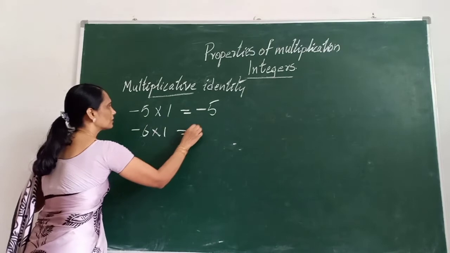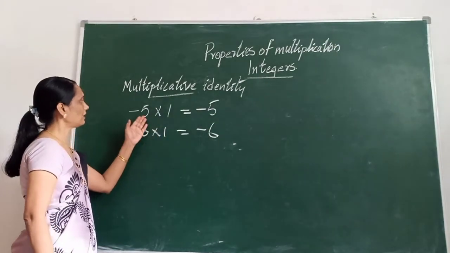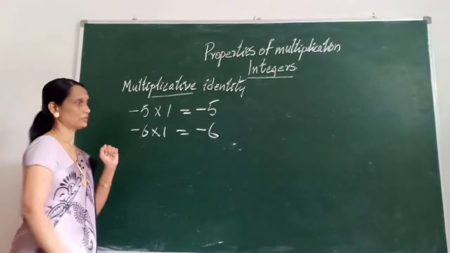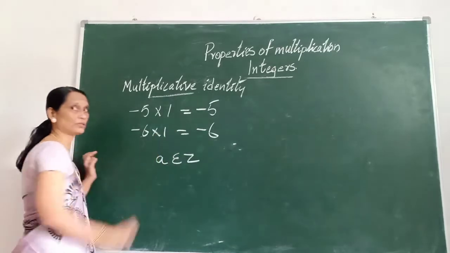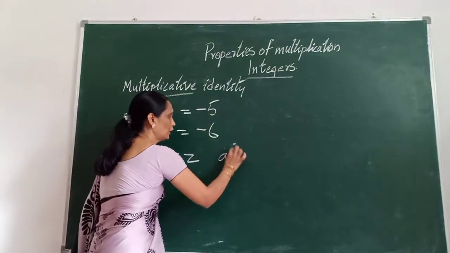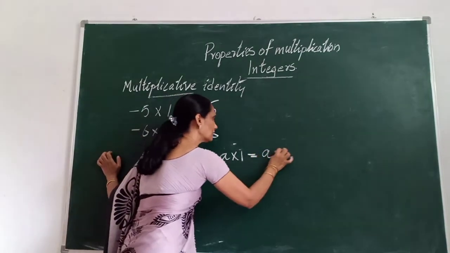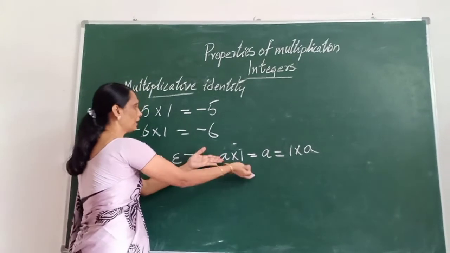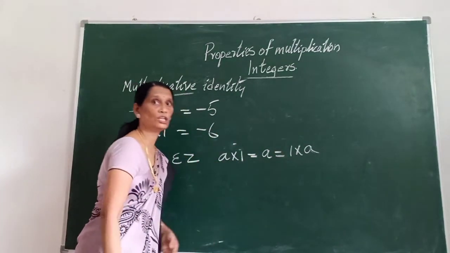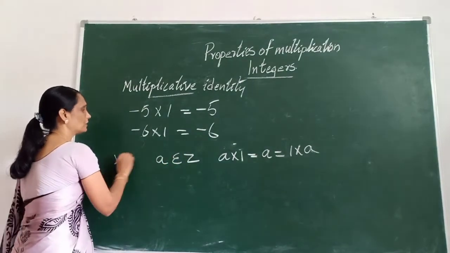Minus 6 into 1 is minus 6. So when we multiply an integer by 1, for any integer A, we know that A into 1 equals A, which is equal to 1 into A. Whether you multiply A into 1 or 1 into A, we get A itself, the integer itself.